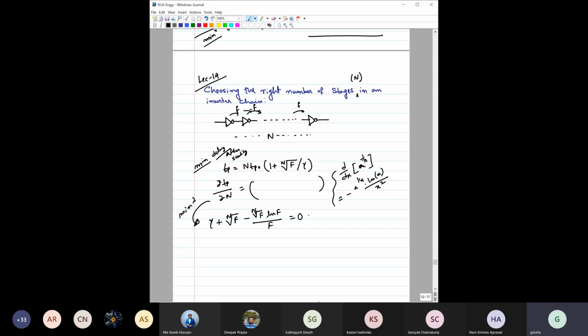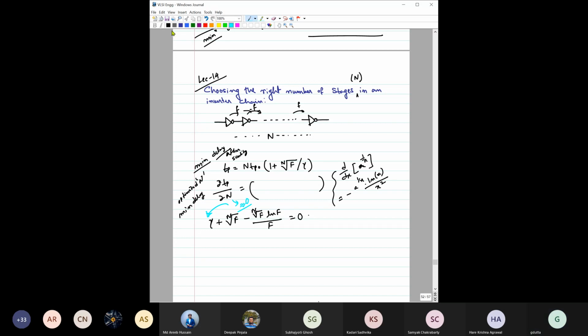So for minimum delay, optimized n, right? When you optimize n, you have to make this term equal to 0. So when you make this term equal to 0, then you will get this expression, right? After making it 0 only, you will get this one.